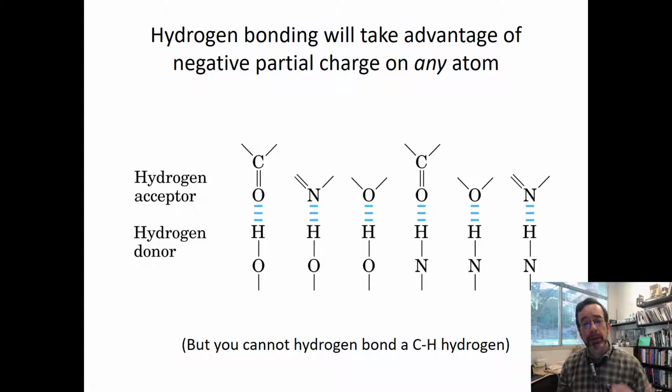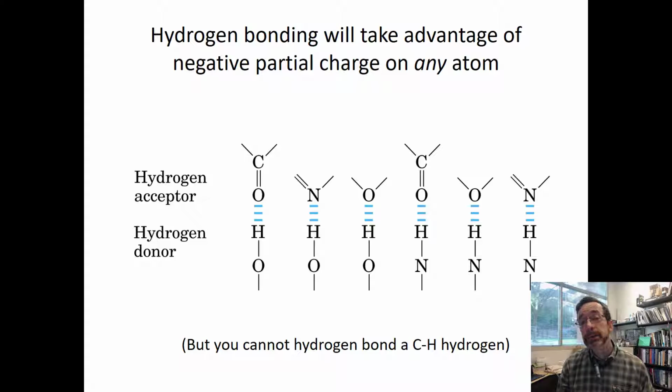The donor is the atom that is covalently bound to the hydrogen, so it's giving the hydrogen to the hydrogen bond. The other one is accepting it. So you'll notice that there is pretty much any configuration you can come up with for organic chemistry that brings negative, positive, negative together. But you've noticed that there are no carbons here.